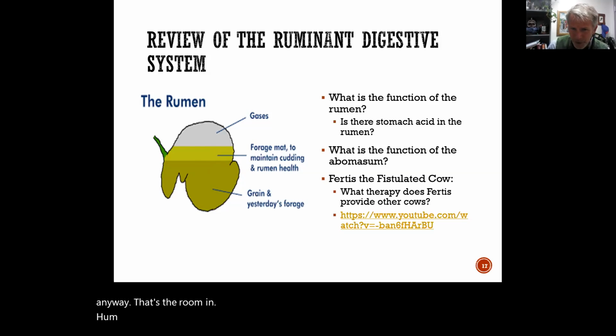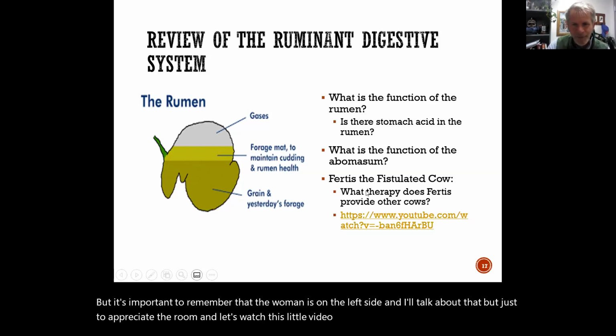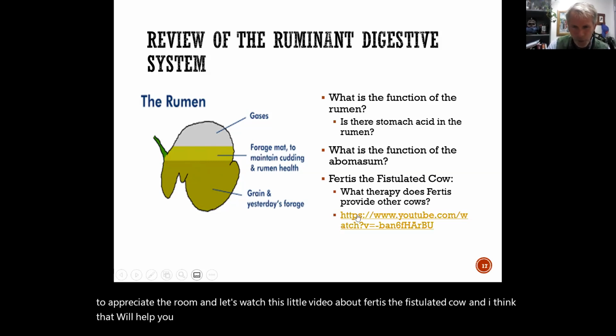Most of the problems you'll see are actually the abomasum, but it's important to remember that the rumen is on the left side, and I'll talk about that. But just to appreciate the rumen, let's watch this little video about Furtus, the fistulated cow. And I think that'll help you appreciate what the rumen does.